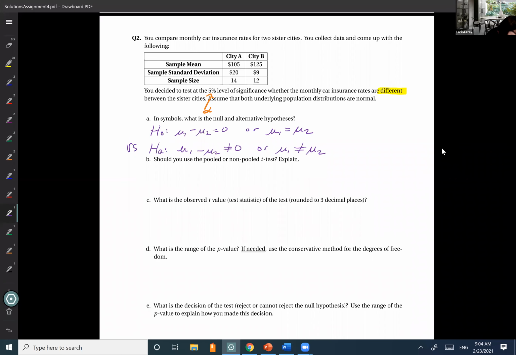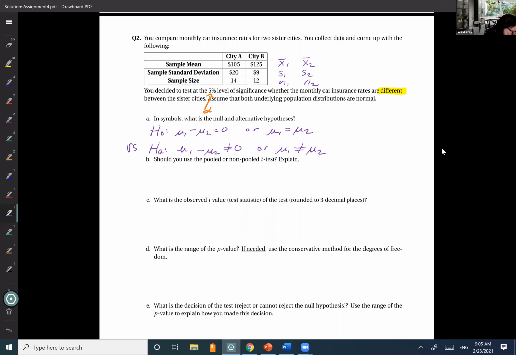These then must be X bar 1 and X bar 2. These would be S subscript 1 and S subscript 2, and this would be N1 and this would be N2, corresponding to column A, city A and city B. Should you use the pooled or non-pooled t-test? So what did you do here?